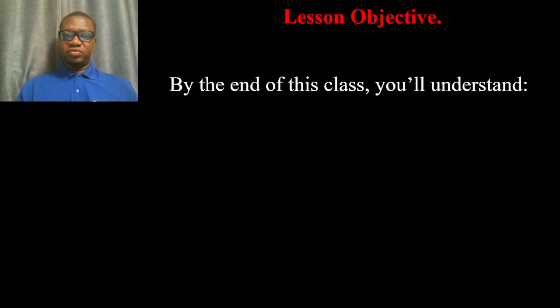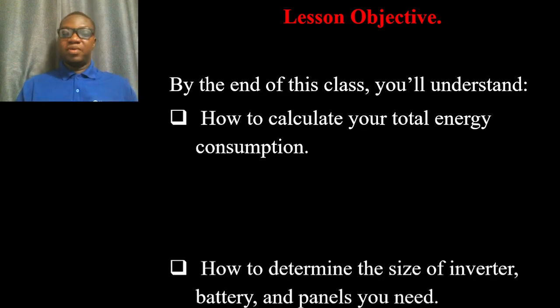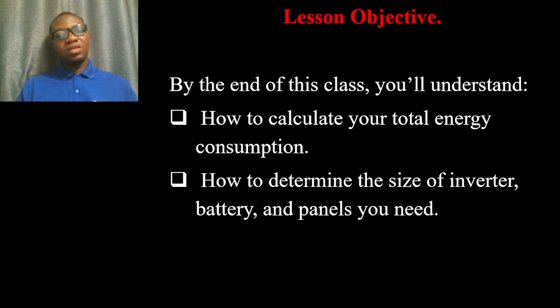By the end of this class, you will understand some basic things. The first thing is how to calculate your total energy consumption, because without knowing the total energy that you are consuming, you cannot know the kind of system that will suit you. And also you will know how to determine the size of inverter, battery, and panels that you need.